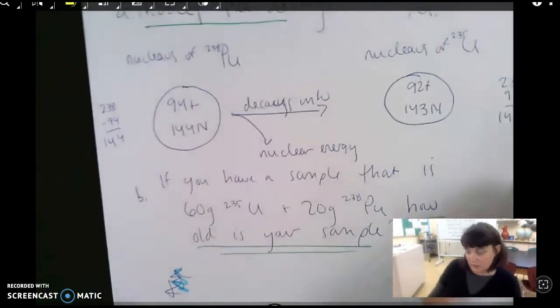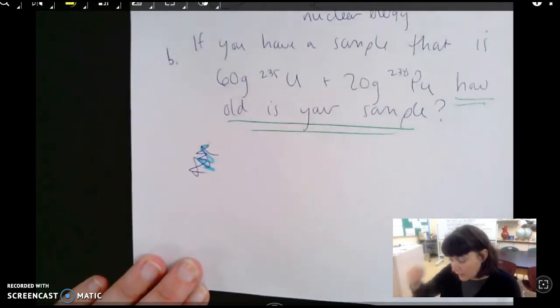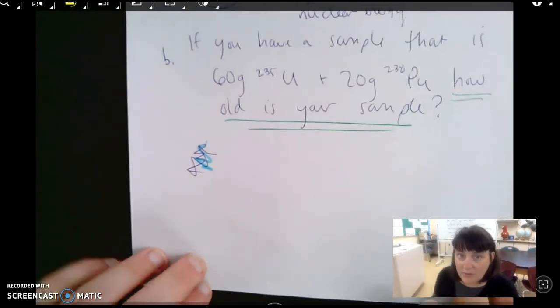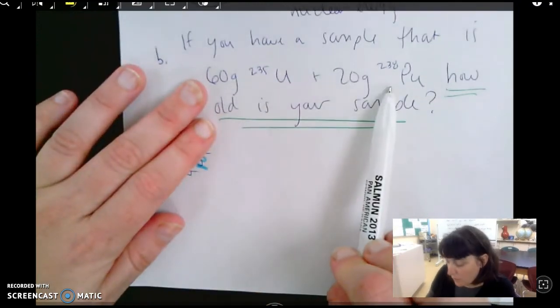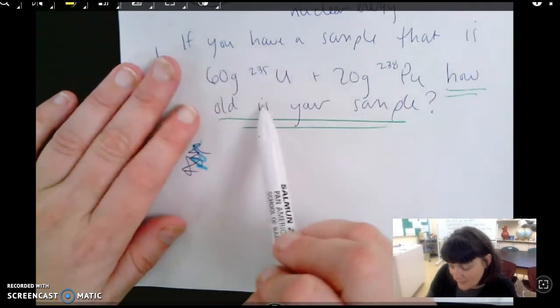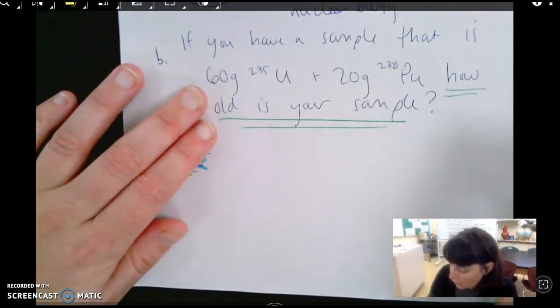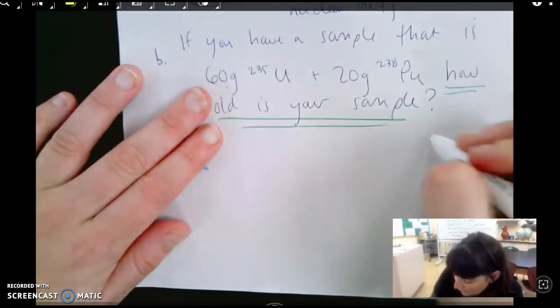Well, first thing I need to look at when looking at this kind of problem is how big is my sample in general? So I know that at this point in time, I have 60 grams of one of the substances and 20 grams of the other. So this is what it started out as, and this is what it decayed into. So I know total, because I've got the 60 and the 20, that I have an 80-gram sample.